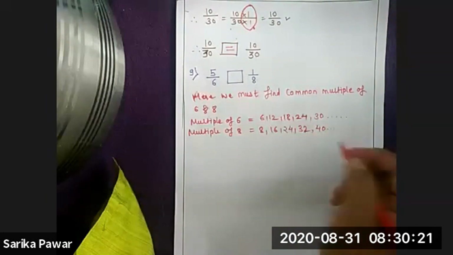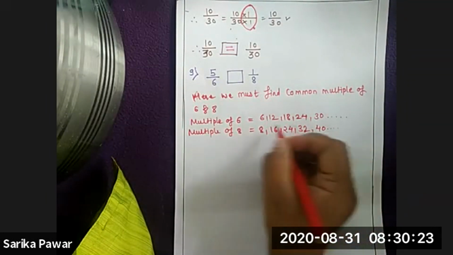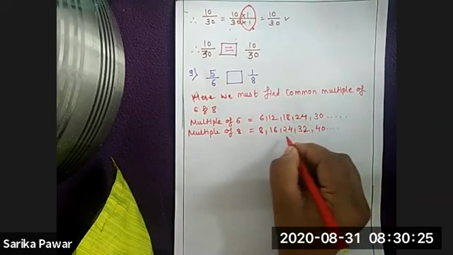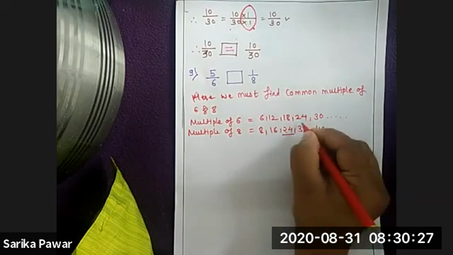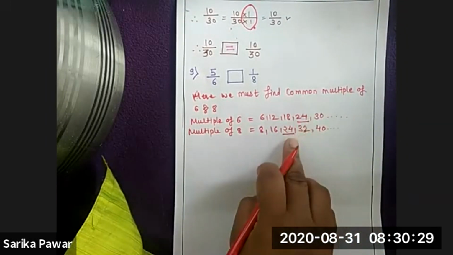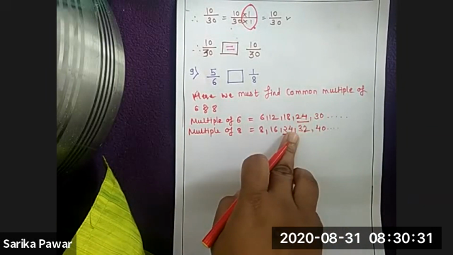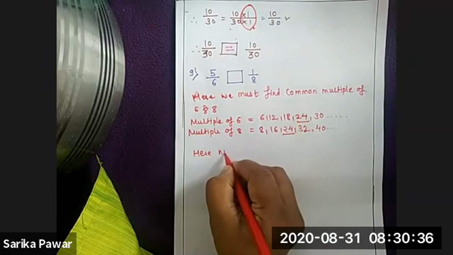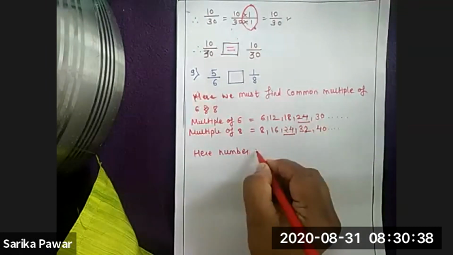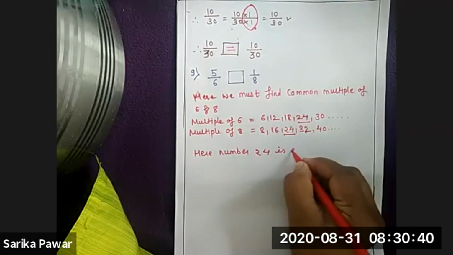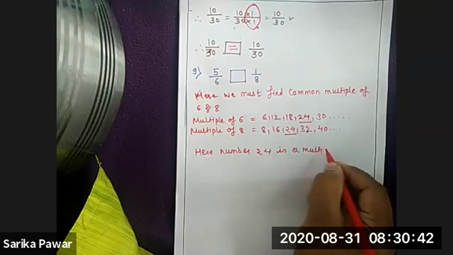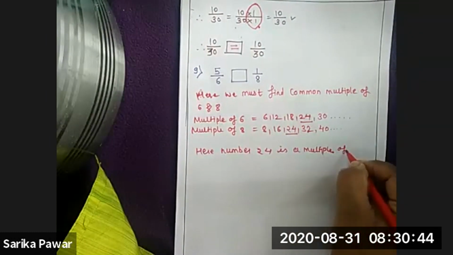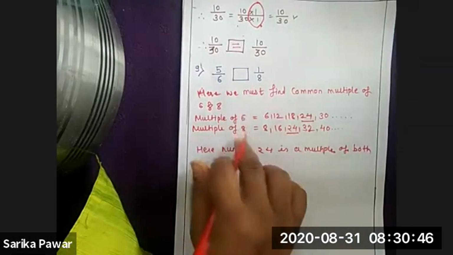But I got here the value, same value, common multiple is 24. I underline here both the common values. Here number 24 is a multiple of both 6 and 8.